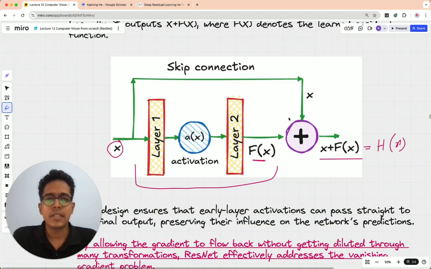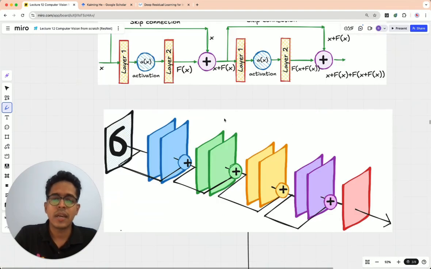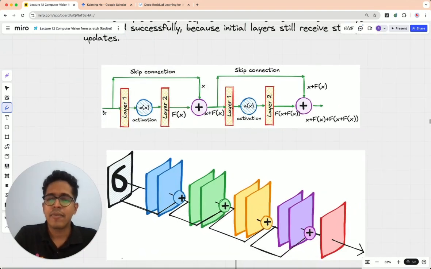But because this skip connection exists, it doesn't matter how many such modules are there. You can almost always have a direct connection from the input layer to the output layer. So see, here the skip connection will ensure that this value at the input is directly reaching here.